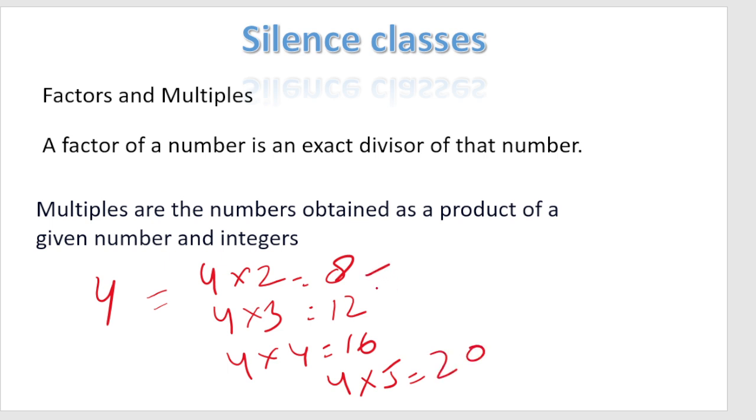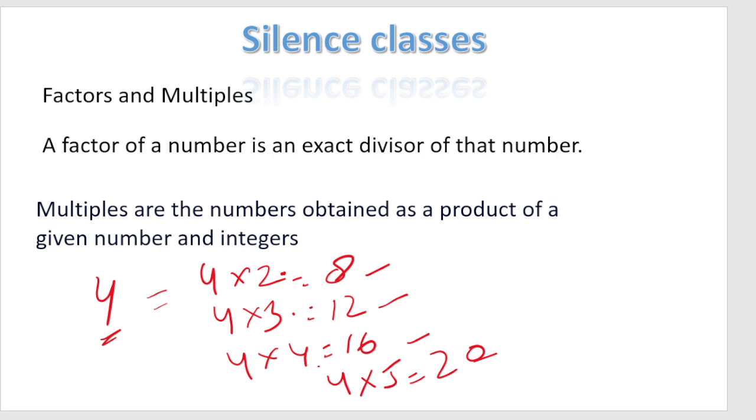These are the next four multiples of 4. We will multiply the number by 2, 3, 4, 5, and like this we will carry on.